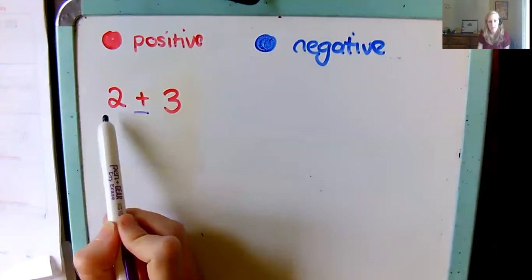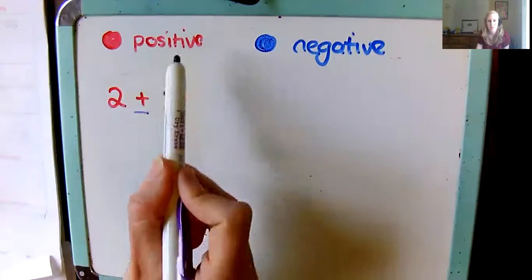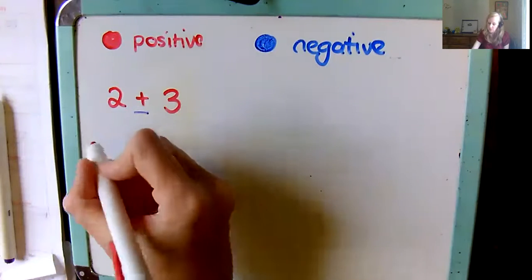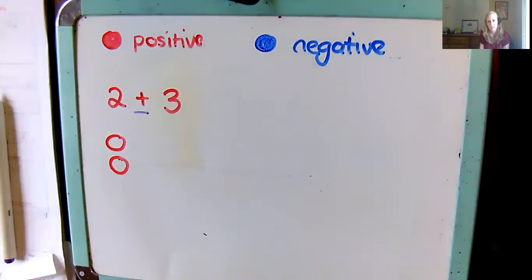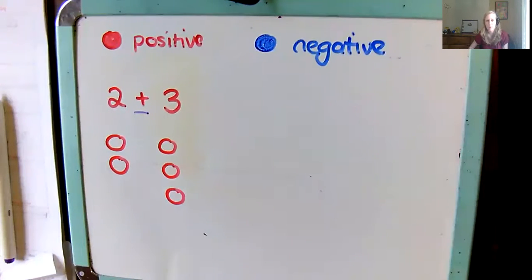Is my 2 positive or negative? It's positive. Is my 3 positive or negative? It's also positive. So when we add integers with the same sign, we're going to draw 2 red circles to represent 2 positive numbers. We're going to draw 3 red circles to represent 3 positive numbers. And when we're adding integers with the same sign, we're just going to put them together.